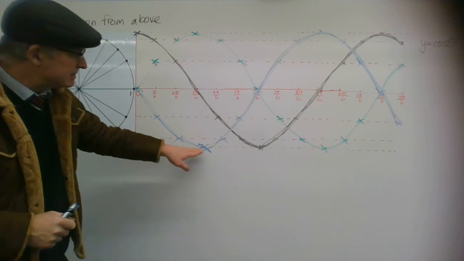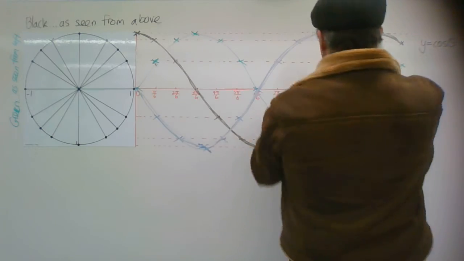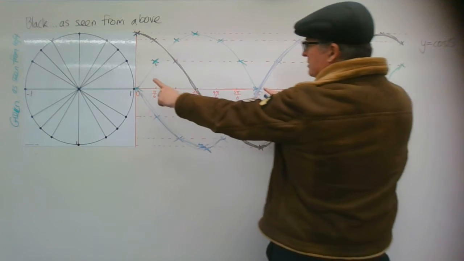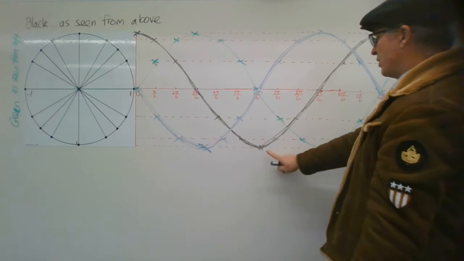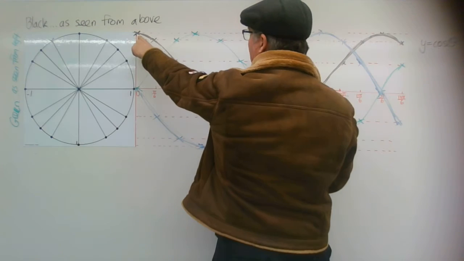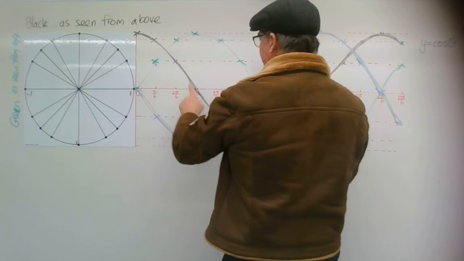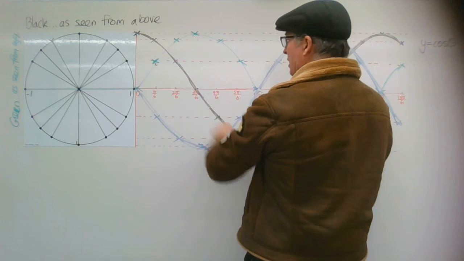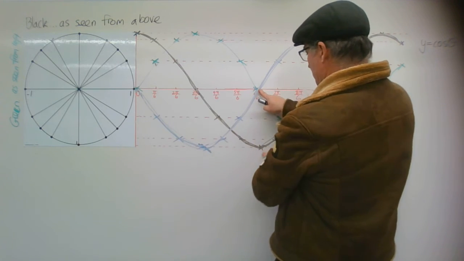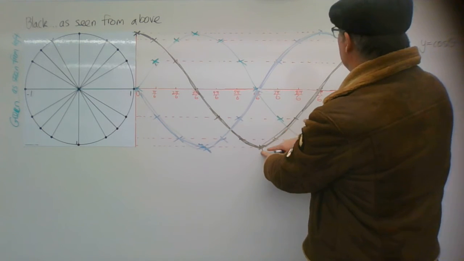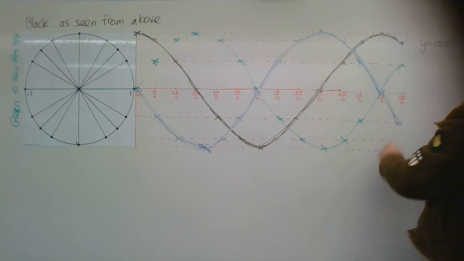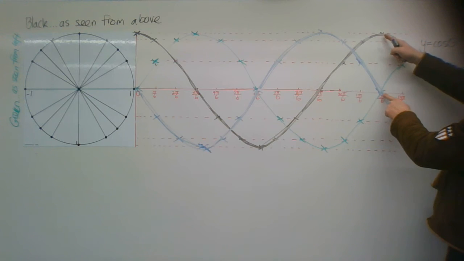So it's going fastest as it goes through the middle, and it hits 0 in terms of its speed when its location is here, 0 speed, location at pi, or 180, 0 speed, location at 2 pi.